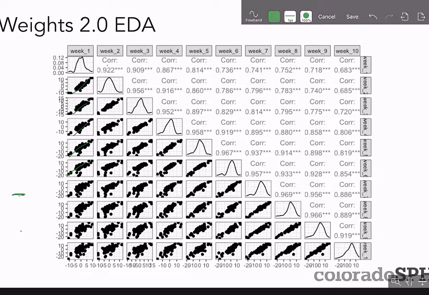Along the off diagonal gives you the 1-week correlations, and those are quite strong and quite similar. It does appear that the correlation is larger for time points closer together than time points farther apart. You can see it's decreasing over time.